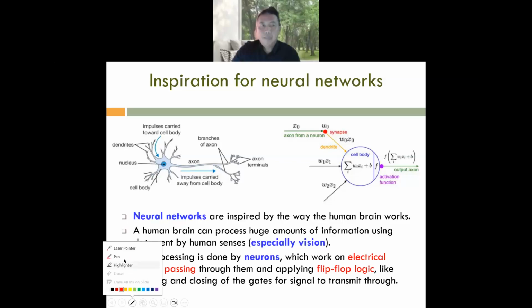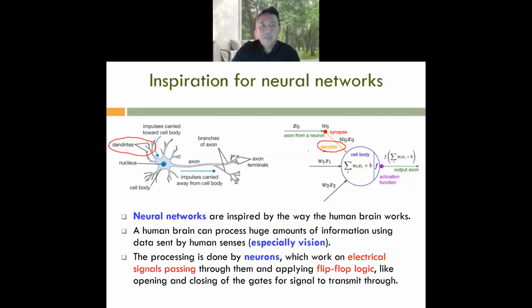If we look at the diagram here, the dendrites are the elements that will receive the input. So if we compare to the neural network, we will have all the inputs that we have. The yellow one is the input. The input that we have in this neural network consists of three inputs, x0, x1, and x2.